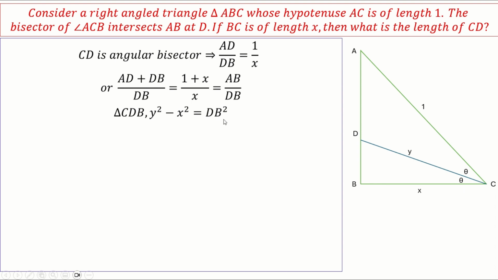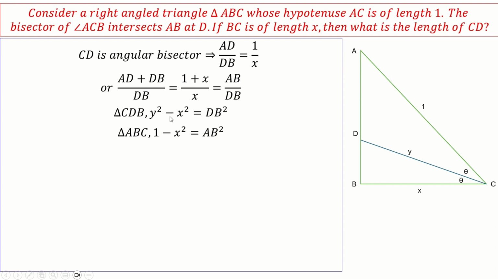Again, we are applying the Pythagoras theorem. So we got DB. In triangle ABC, 1 minus X square equals AB square.